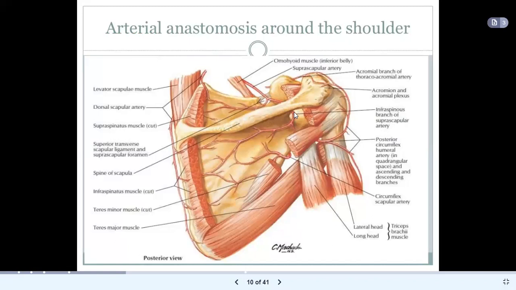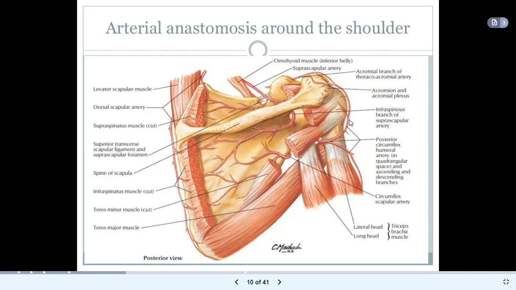So this one is part of the anastomosis because it's coming from the suprascapular artery. Then we have here the posterior circumflex humeral artery going in a circular form.